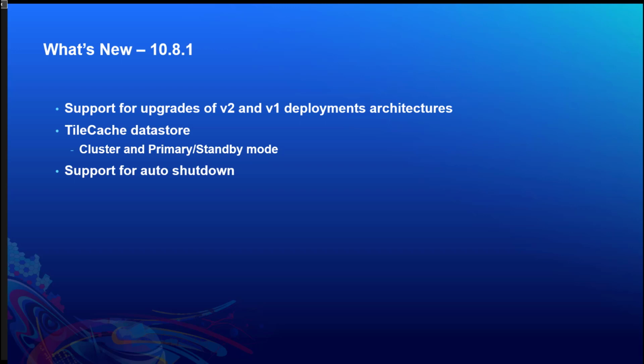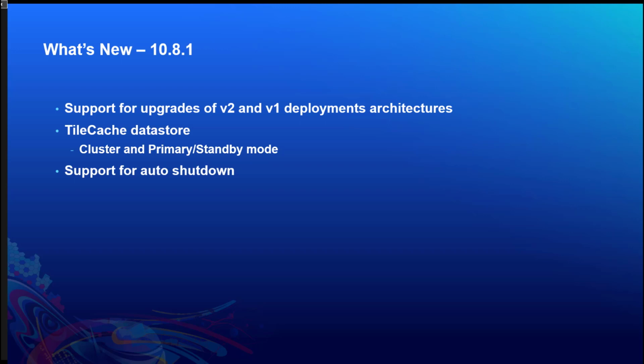Earlier in this presentation, I went into depth about the two architectural differences and being able to upgrade your software across releases. I will call out here that upgrading from a version 1 architecture to a version 2 doesn't change your deployment architecture. It only upgrades the software bits to the latest version to which you're upgrading. So just keep that in mind.